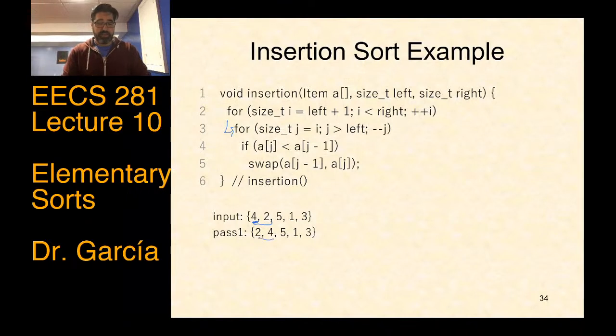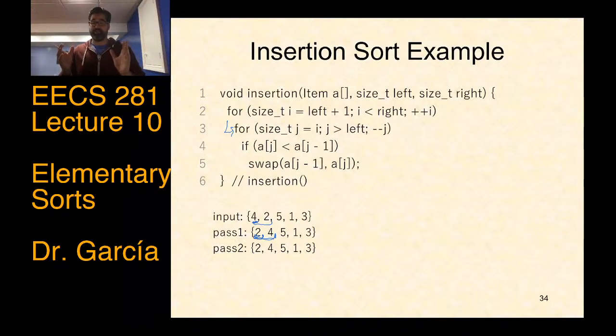Now my sorted portion of the array is just the 2, not the 2 and the 4, because I haven't really checked that element yet. So I first need to increase the size of my sorted portion of the array to now consider 4, but then see that there's nothing to do, because 4 is already greater than 2.